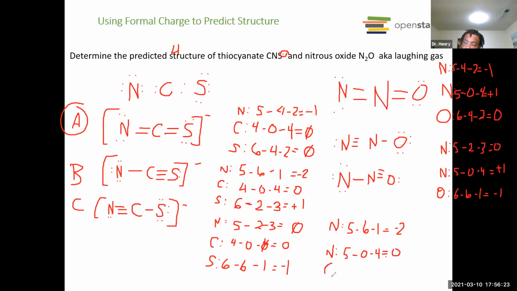And then we have oxygen, which is going to be 6 minus 2 minus 3. So that's going to be a +1. I mean, wait a minute. 2, 4, 6, 6. Oh, this guy is a +1.